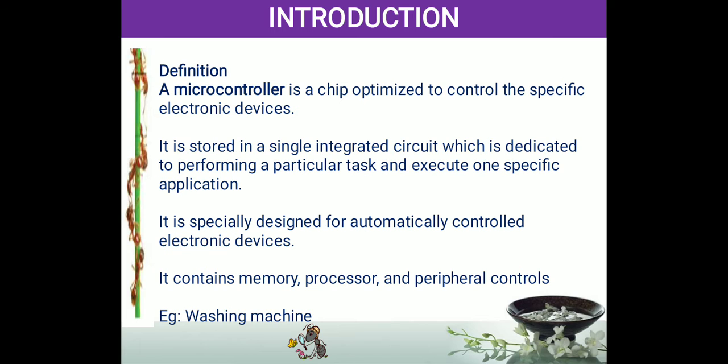If the microcontroller is designed for AC, it will control only the air conditioner. It is stored in a single integrated circuit which is dedicated to perform a particular task and execute specific applications. It is specially designed for automated controlling of electronic devices.